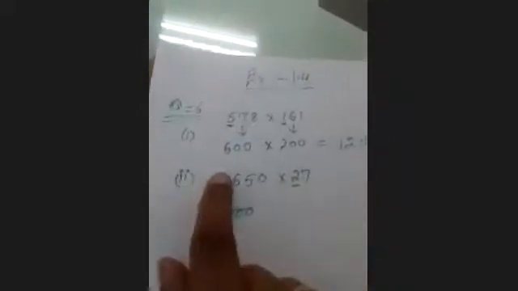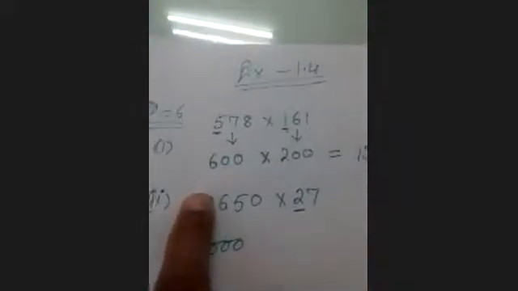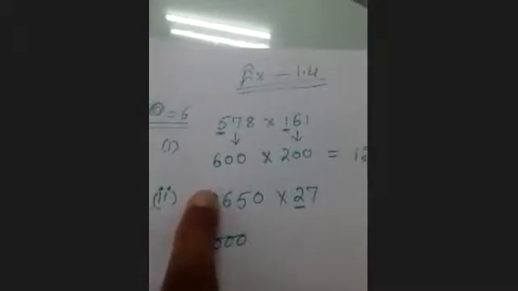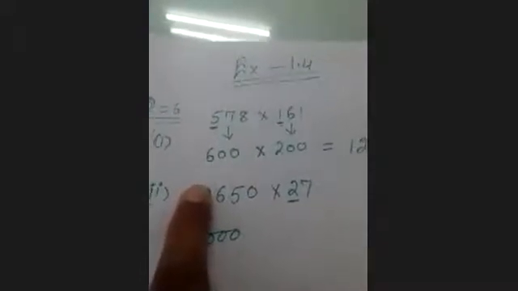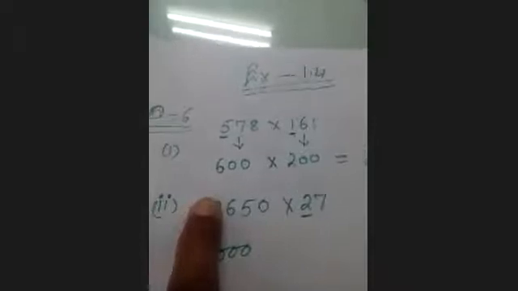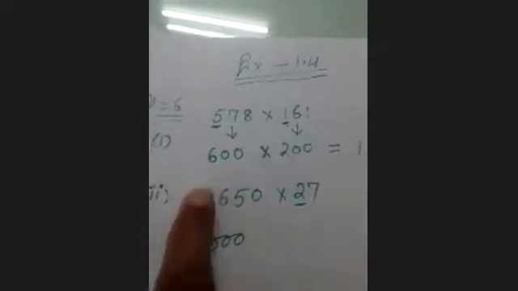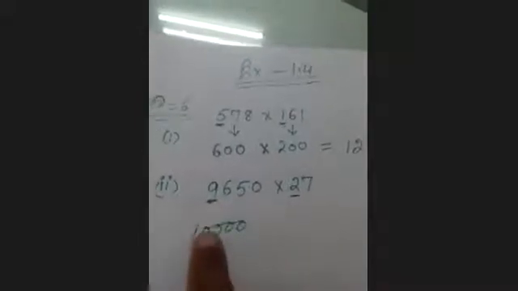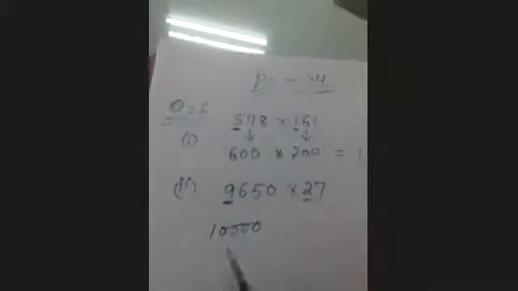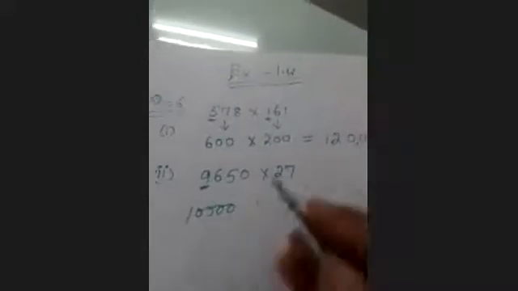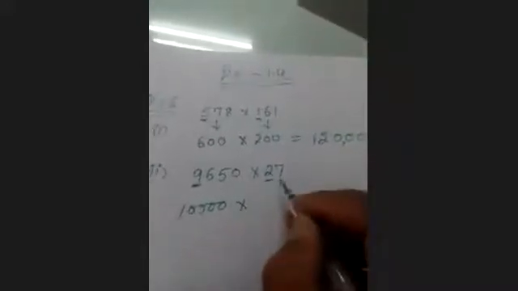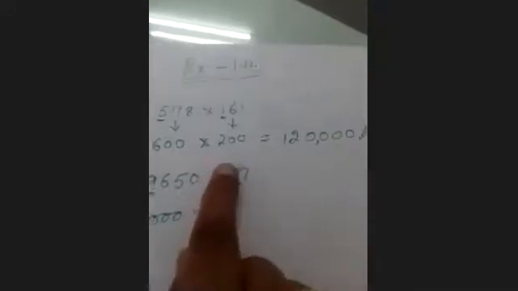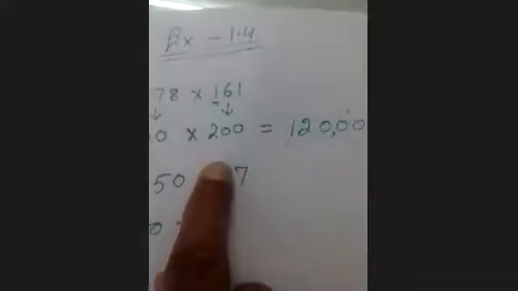Put your finger and observe the next number. If this number is 5 or greater than 5, then the number exceeds one step more. Here we have 9,000, so the nearest value will be 10,000. Now put your finger at 2 and observe the next number.